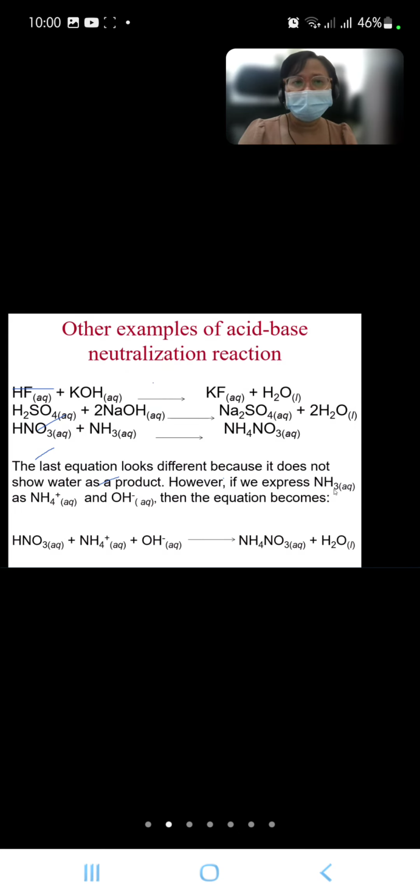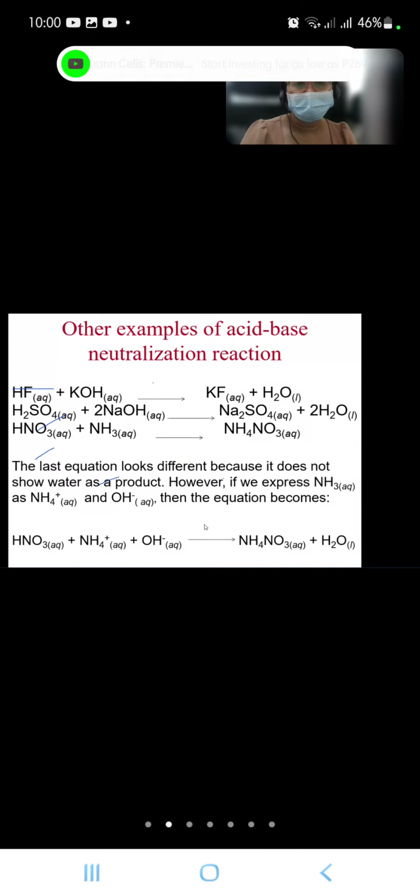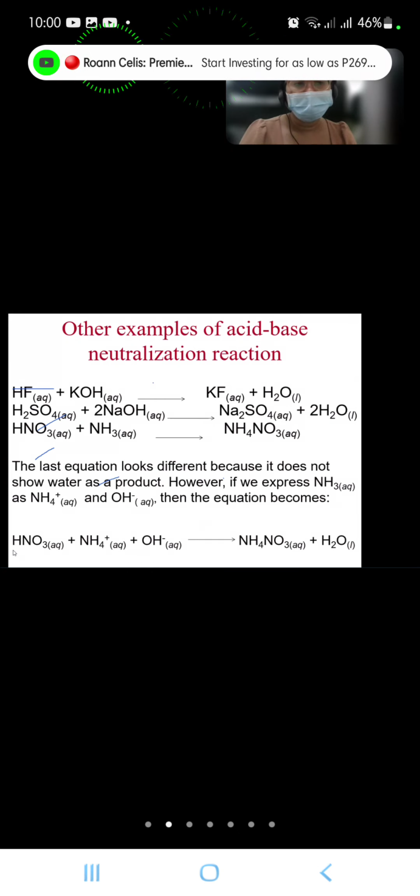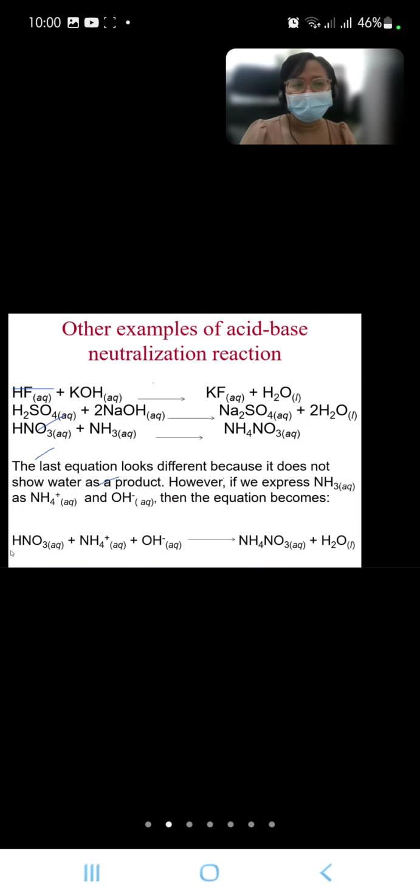However, if we express ammonia as ammonium ion and hydroxide ion, then our equation becomes this one, no? Nitric acid plus ammonium plus hydroxide ion to yield ammonium nitrate and water. Okay.